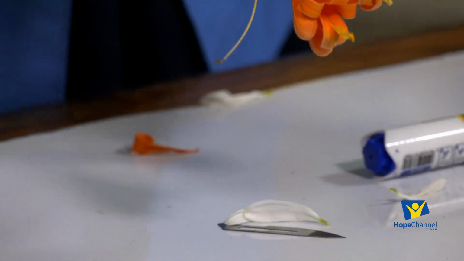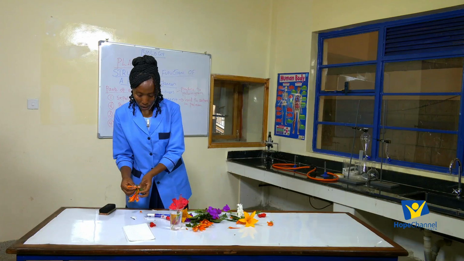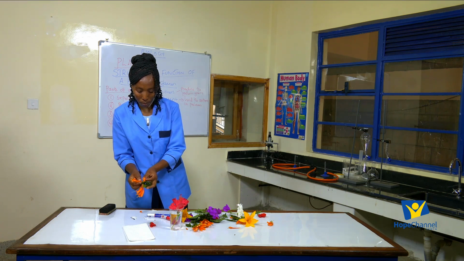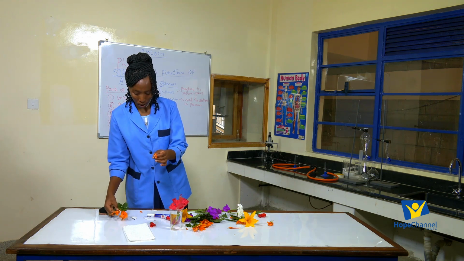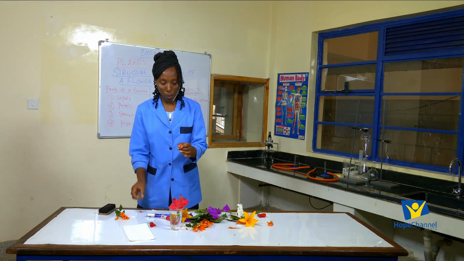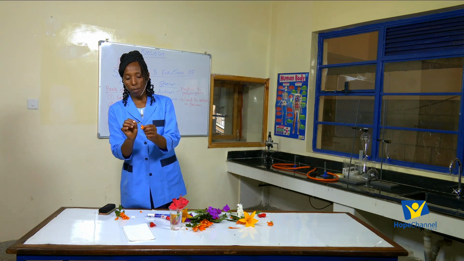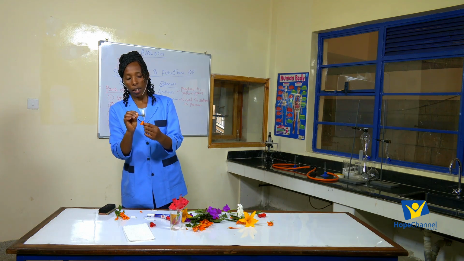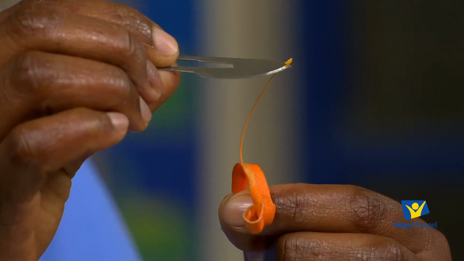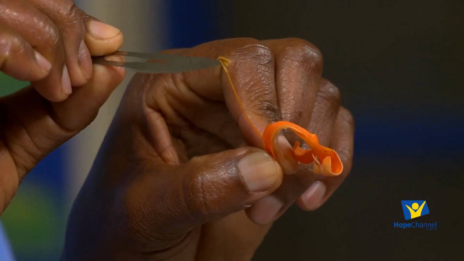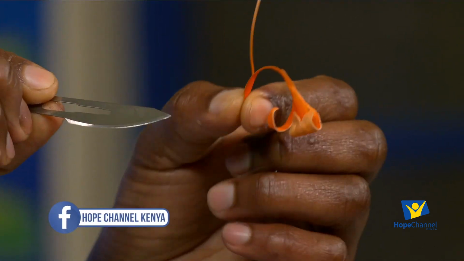Okay, so for this flower, we have the filament. This is the filament, and here we have what we call the anthers. The anthers produce the pollen grains.